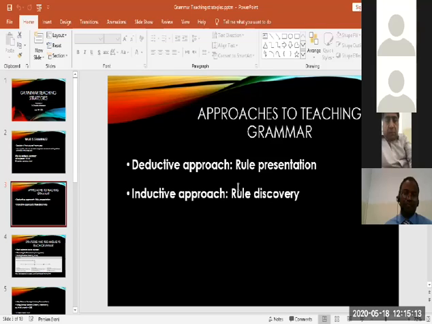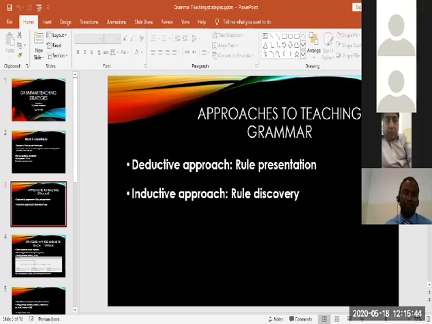So the former, the deductive approach, is teacher-centered, while the latter is more learner-centered. One of the advantages of the deductive approach is that it is time-saving and more appropriate for lower level learners. But the inductive approach is more appropriate for learners who have a grammar base to build on.